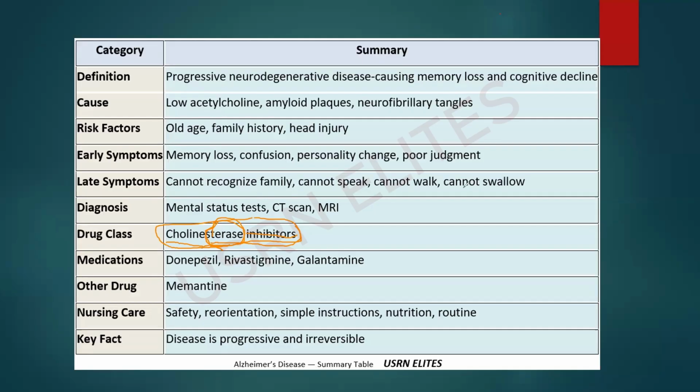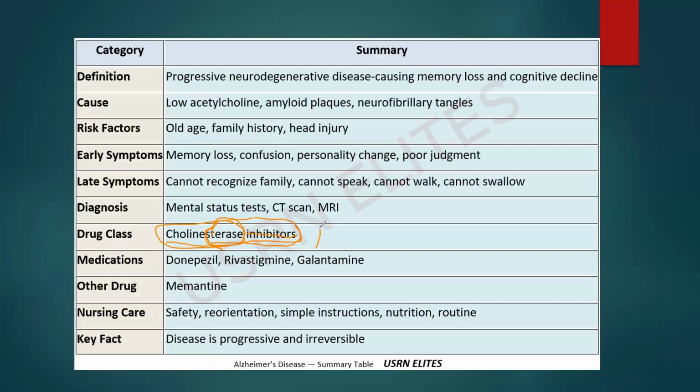So over here, we don't want acetylcholine to be destroyed. We want medications that will help us avoid destroying the acetylcholine. So they prevent the acetylcholine from being destroyed. Good, good, good. That's exactly what we want to say.